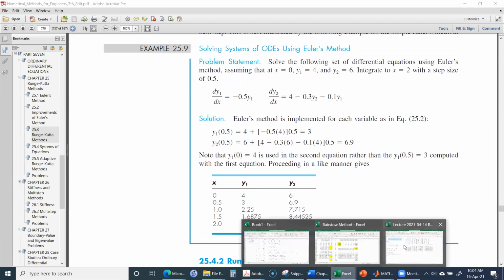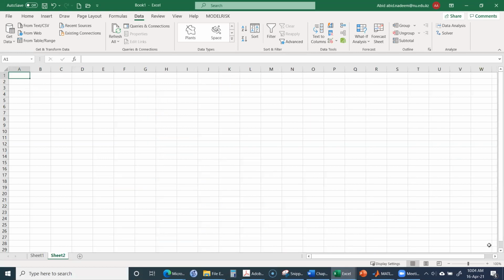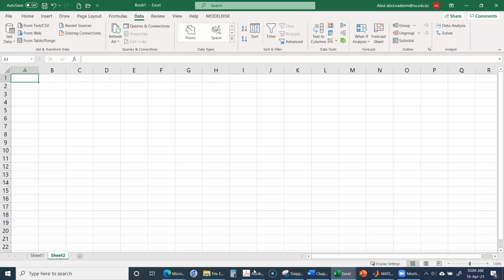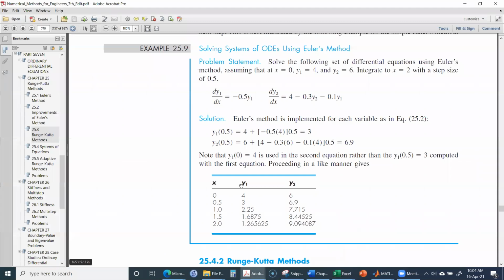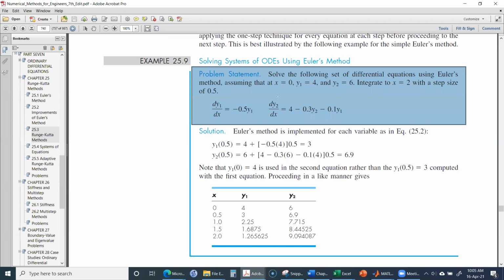Maybe I can illustrate it in Excel. For example, over here, for Euler's method, let me first copy it. This is the problem set.